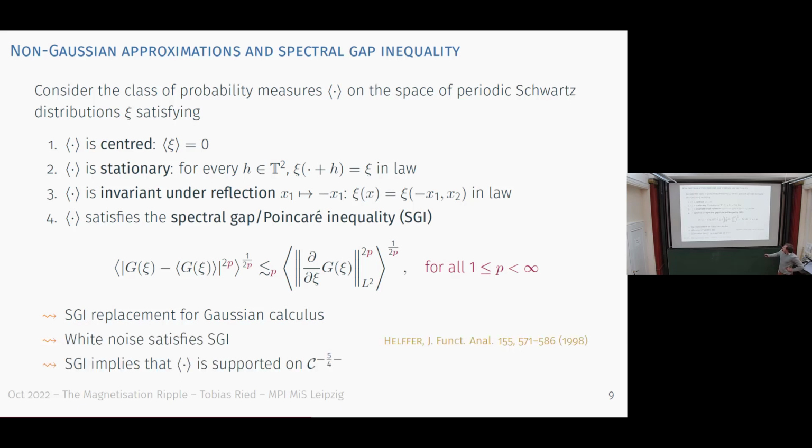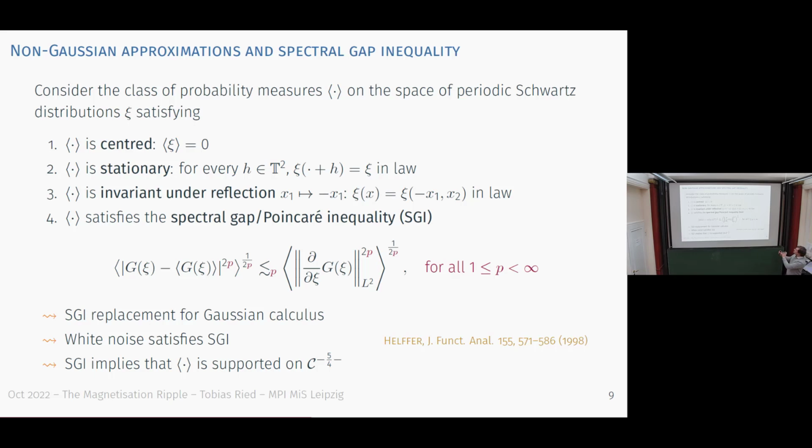And this is a class of noises, models for our noise, that includes white noise. That's a classical result. And one can actually show that the spectral gap inequality is in the background that tells us that our noise is again supported on the class of distributions with the right regularity, namely -5/2 minus.